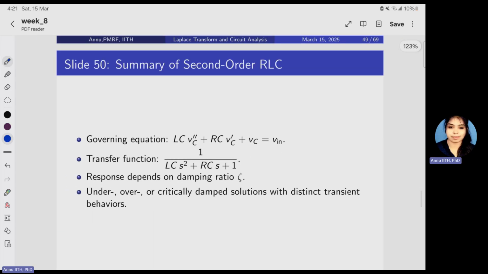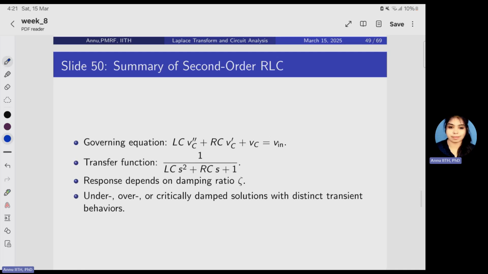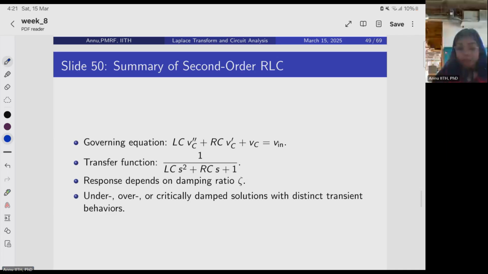So what is the summary? The governing equation is LC V_C double dash plus RC V_C dash plus V_C is equal to V input. The transfer function is 1 upon LC s square plus RC s plus 1. So the response depends on the damping ratio. If you want overdamped, it should be greater than 1.